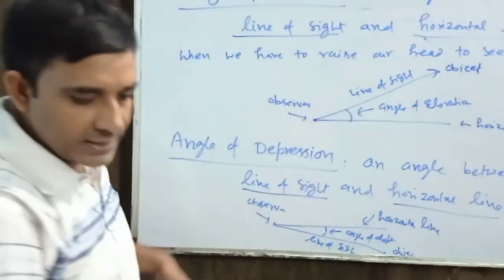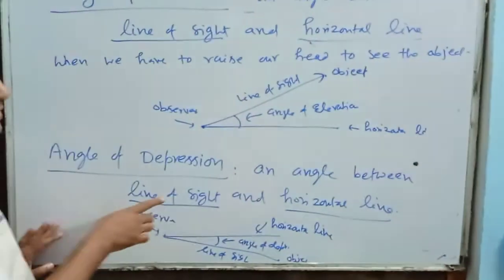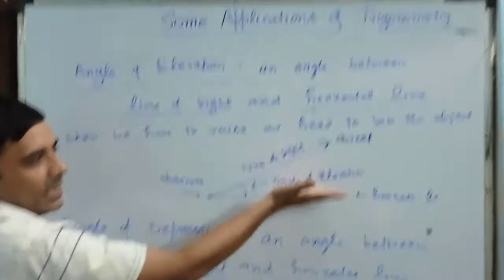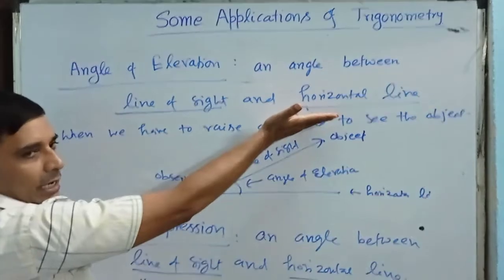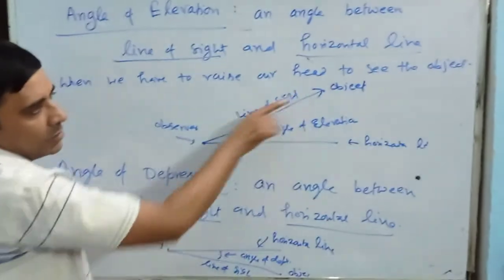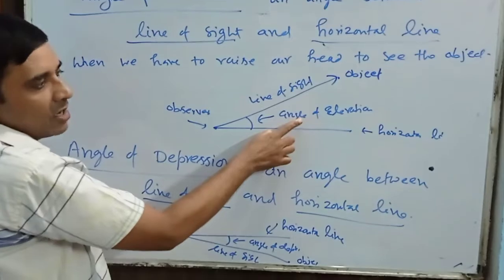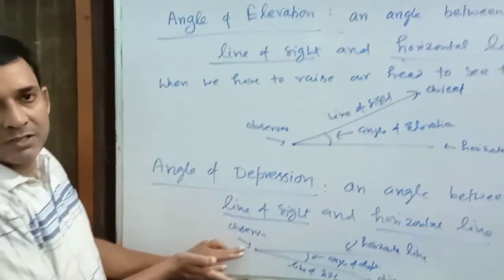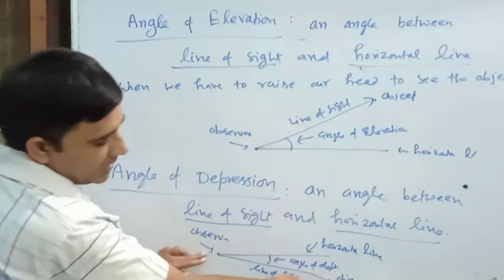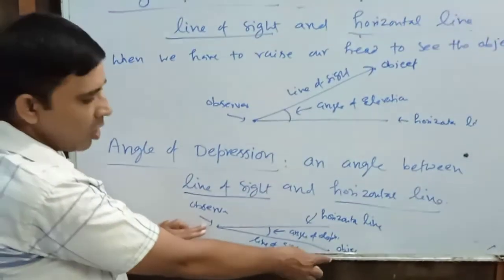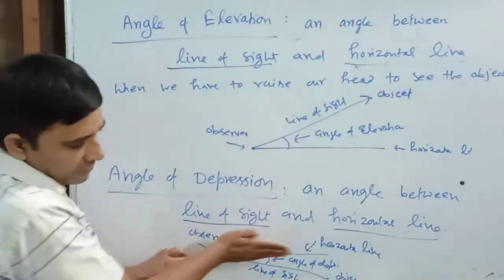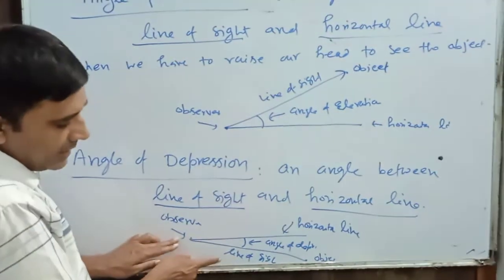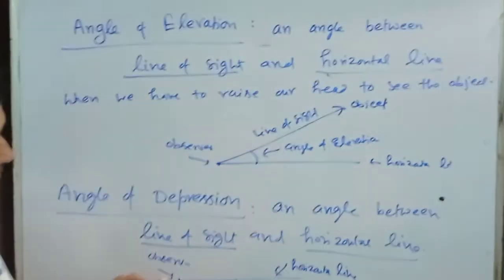So what is the difference? In case of angle of elevation, object is above observer, or we can say object is above horizontal line. You have to raise your head to see the object. In this case, angle of elevation is formed. And when we lower our head to see the object, it means object is below horizontal line and below observer. Then the angle between horizontal line and line of sight is called angle of depression.